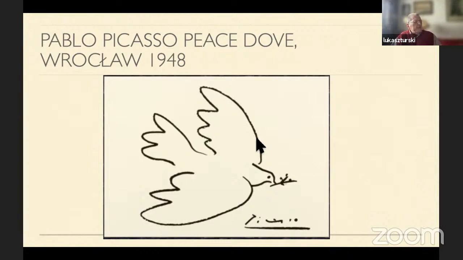I mean, it's the dove who came back to Noah after the deluge, but that is the Picasso painting, and it became a symbol of the peace movement all over the world. That was this Wrocław dove with the palm branch in his beak.